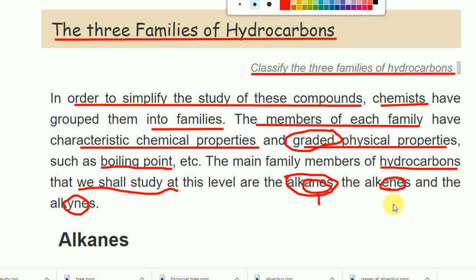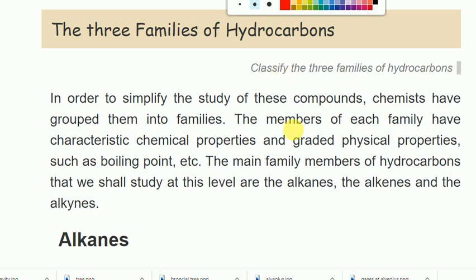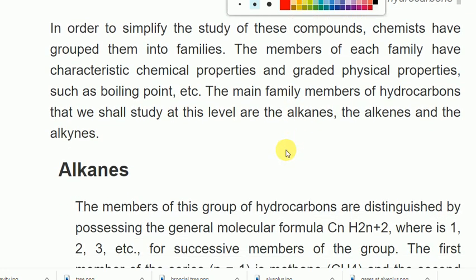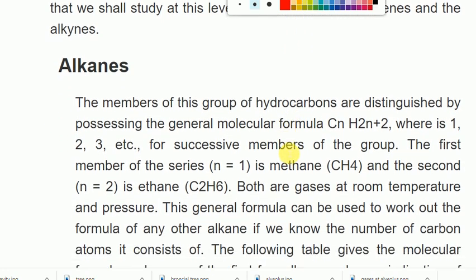So the difference between these three names, alkane with ane, alkene with ene, and alkyne with yne, will also be the difference in their names. Now let's start with the alkanes.